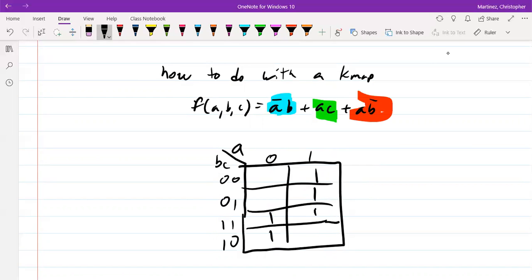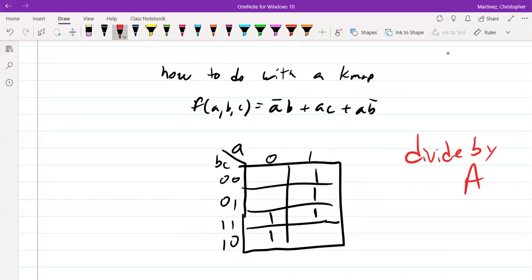All right, so then we have the Kmap, and now I wanted to do the dividing by a. So let's say we're going to divide by a. When I divide by a, I need to find an a bar with an f0 and an a with an f1.